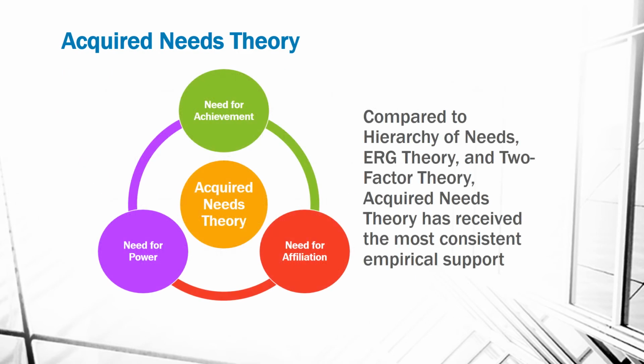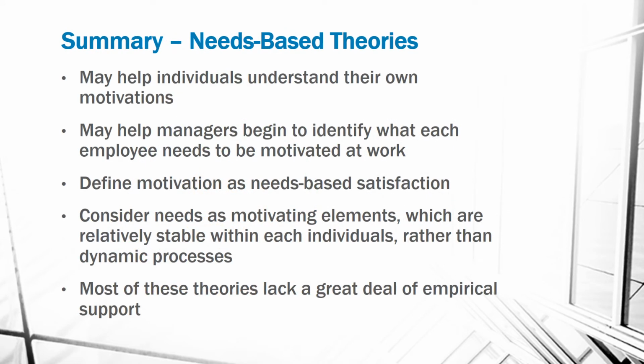So compared to hierarchy of needs, ERG theory, and two-factor theory, the acquired needs theory has received the most consistent empirical support. To further summarize across these different needs-based theories, the gist of this is that we want to help individuals understand their own motivations.